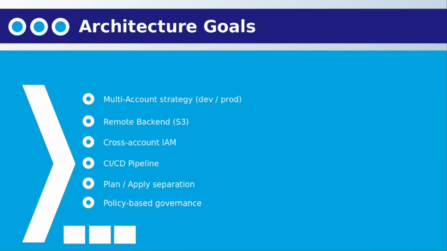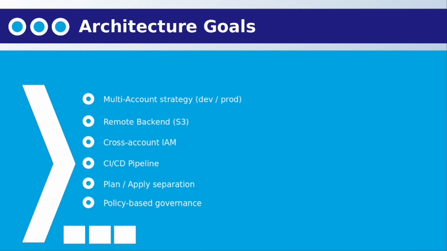Architecture goal. So what are our goals? We need 6 key components. First, multiple account strategy. Next, remote backend, cross-account IAM, CI/CD pipeline, plan and apply separation, policy-based governance.